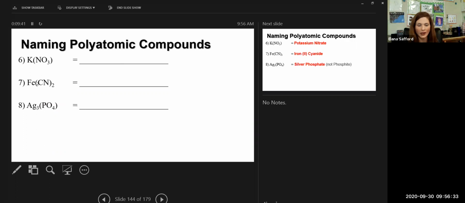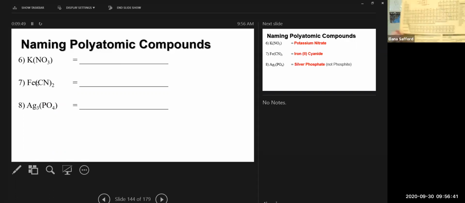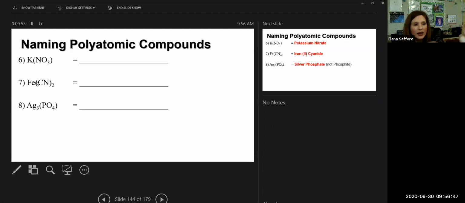Here's a little bit of mixed naming, right? So what do we know about iron? It is a transition metal. This is where things get a little more challenging. Iron is a transition metal. Where are we going to get the charge? We got to get it from the polyatomic list. So I need to find the CN and use that charge to give me my Roman numeral.